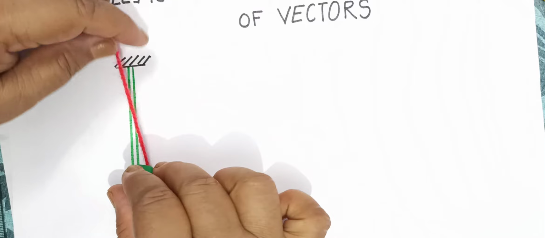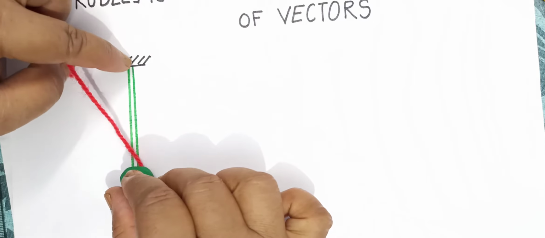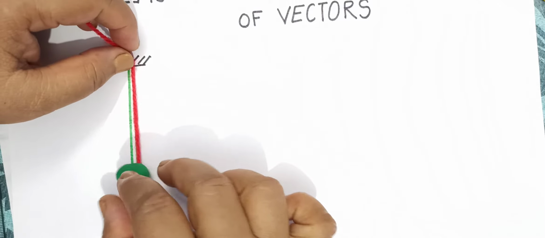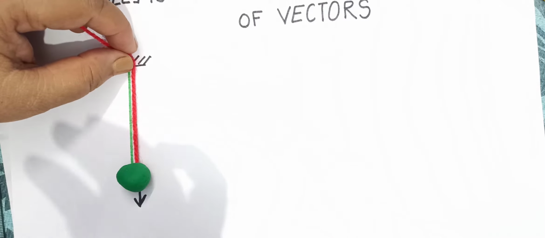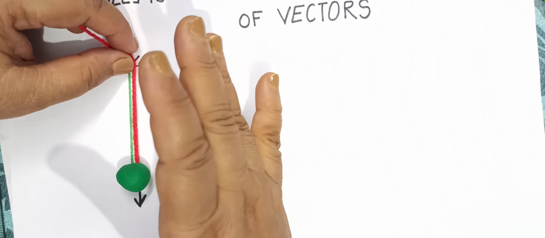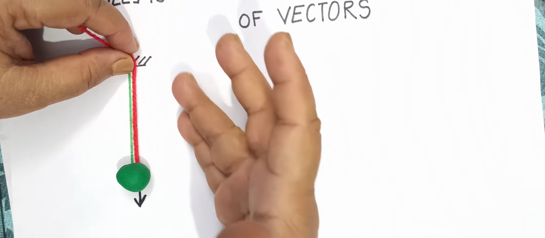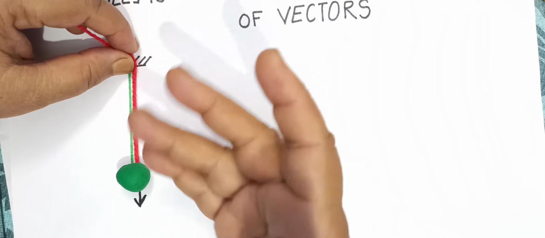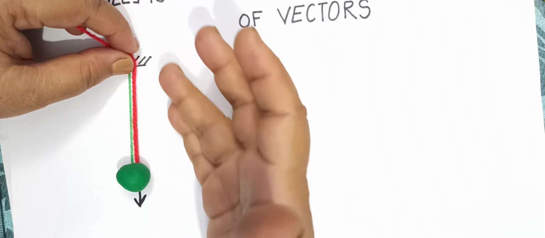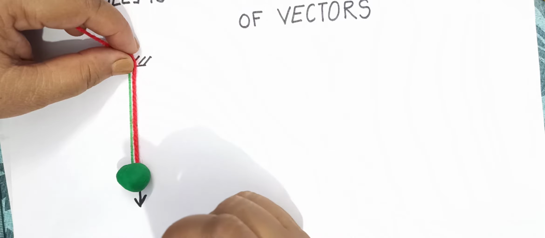And the point where this string is suspended, I am holding that point, and I wish that you also perform this experiment yourself and understand that forces are acting in a specific manner, and that is easy to understand if you are doing it by yourself.